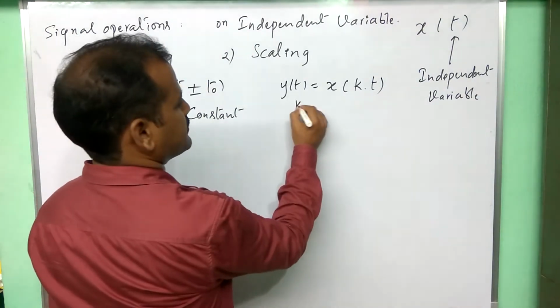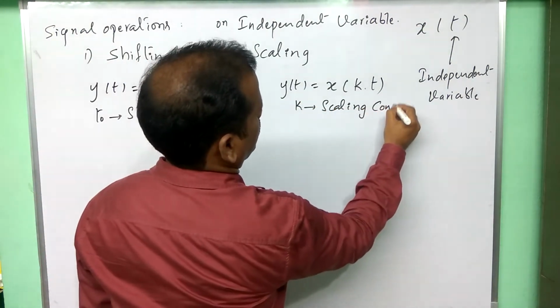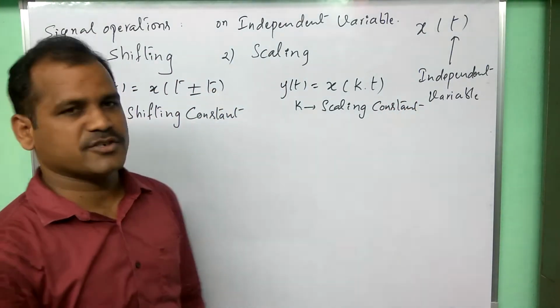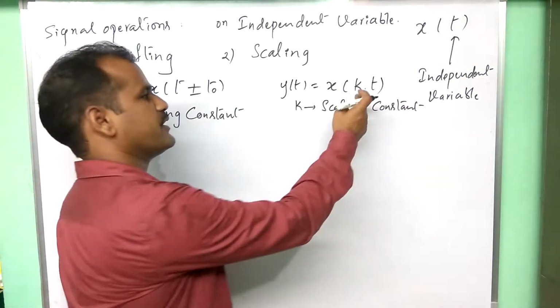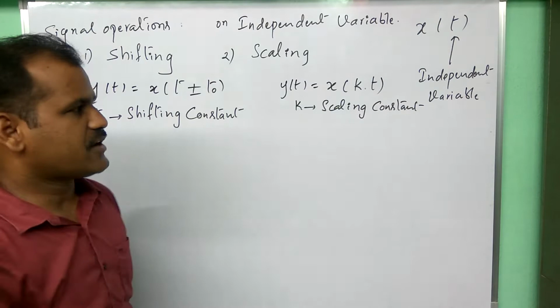Here k is the scaling constant. Scaling means simply multiplying the independent variable with some constant.